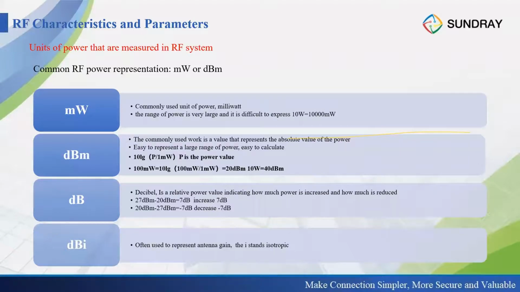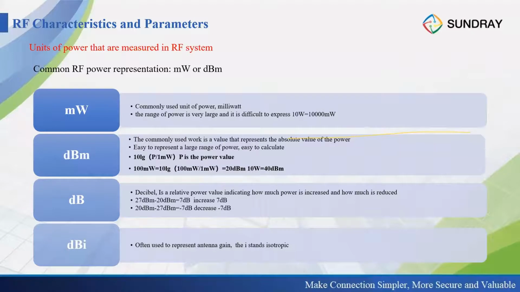And also after dBm is dB. We know that dBm is an absolute value. It's transferred from milliwatts. But when we use dB, it's actually a relative value. That's why we usually say this signal is increased by 3 dB, 7 dB, 9 dB. We don't use dBm.